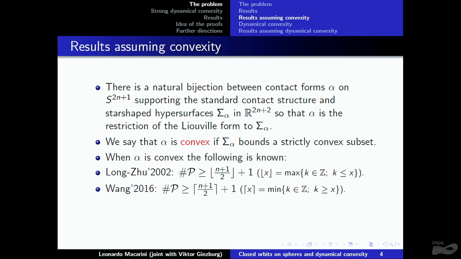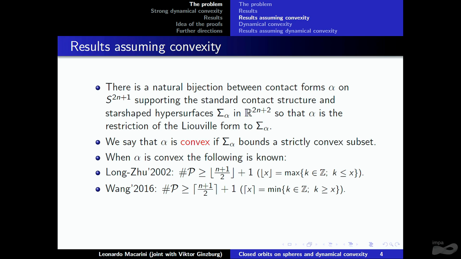And a student of Long, three years ago, improved this result when n is even, showing that in fact you have the ceiling of (n+1)/2 plus 1 periodic orbits. Okay? But you see, in principle, you can say, wow, come on, it's just one more periodic orbit. But this is a very hard question. So if you improve the result, even for one more periodic orbit, it's a very important improvement. It's a very important result.